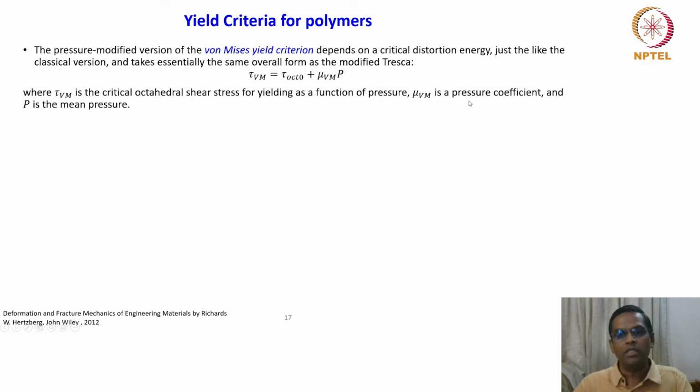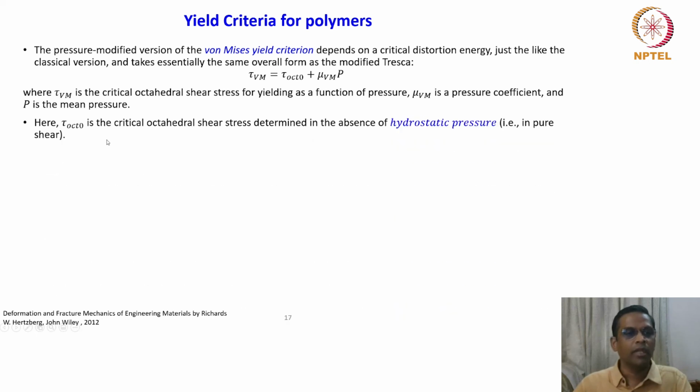Mu VM is the pressure coefficient and P is the mean pressure. Here tau oct 0 is the critical octahedral shear stress determined in the absence of hydrostatic pressure. Note that for uniaxial loading, tau octahedral is equal to square root of 2 by 3 times mod sigma, where P is equal to minus sigma by 3.